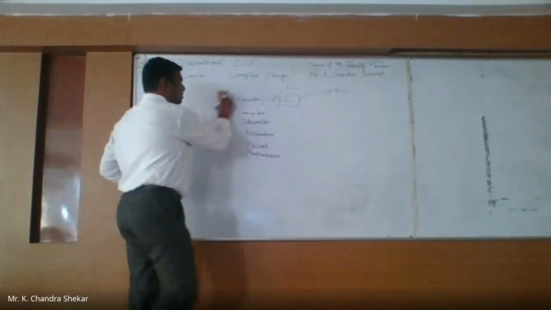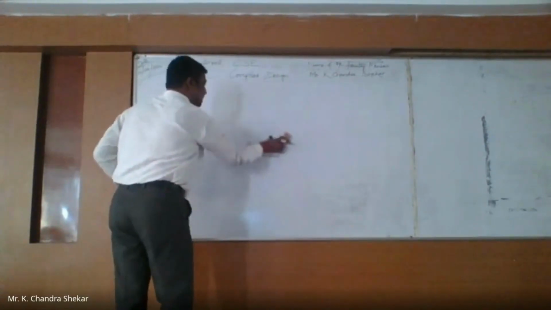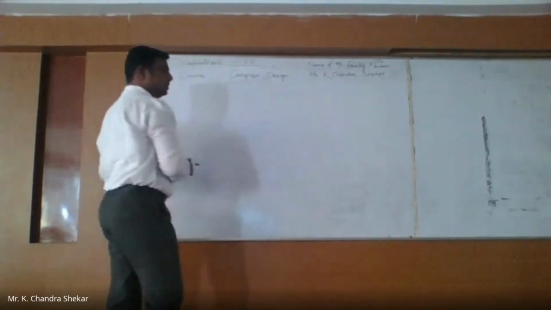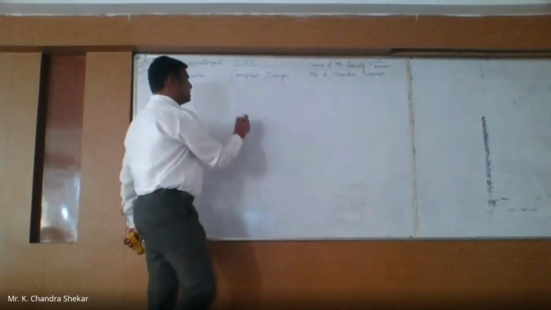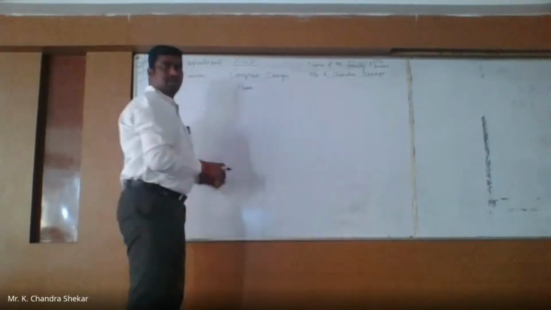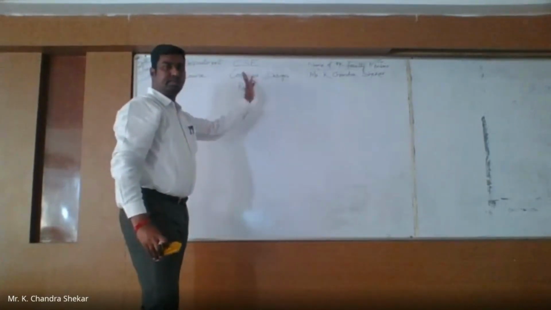Okay. So how does this process go on in a compiler? It is not a single step process. When you go for a single step process, we call it a pass. That is, a single execution of an entire program is called a pass.